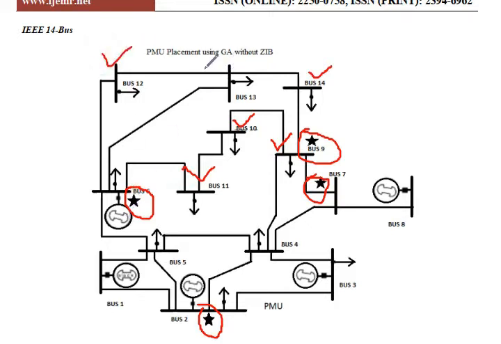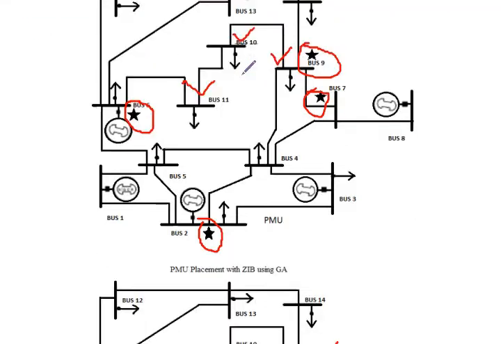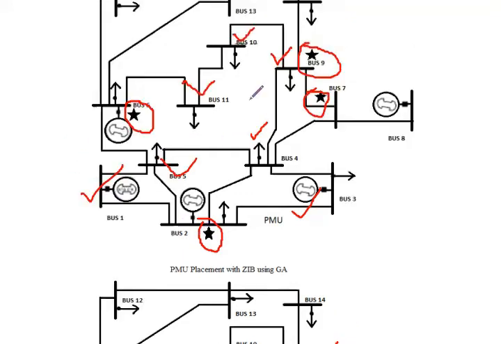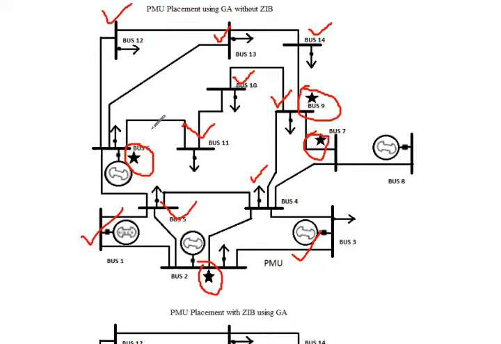This bus is also connected to this PMU, and similarly this bus is observable because it is connected to this PMU bus, and this is also connected to a PMU bus, and this bus is also connected to this one or both to this one. So you can see all the buses are observable, so the phasors of voltage and current can be found easily. And this bus can also be observed as it is connected to this PMU bus.